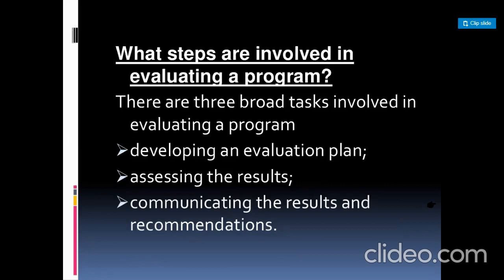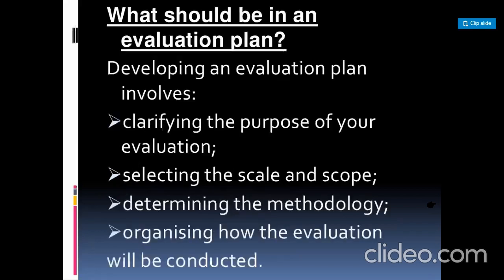After evaluating, whatever type of result you have got, you are going to assess that, critically observe that. And the third step is communicating the result which you have got, and the recommendation whether it is to be followed for further study or not, recommended or not recommended, like that.